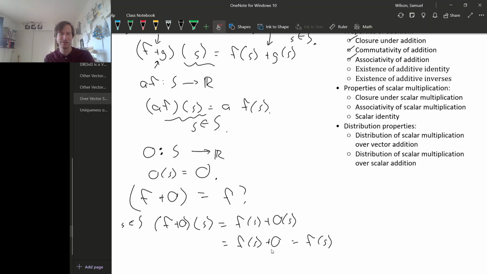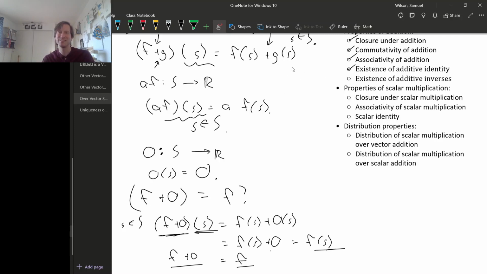So we're done, because this means that f plus 0 is equal to f, right? Because they're equal pointwise. Functions are equal if they're equal pointwise. So f plus 0 is equal to f, and that means we have an additive identity.